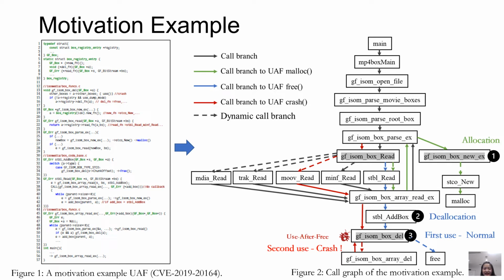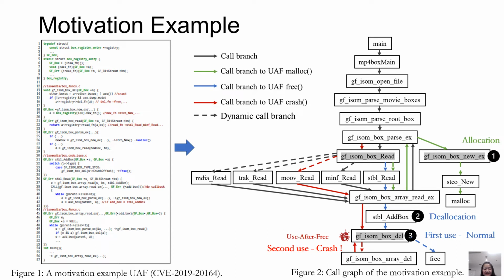Second, in the subsequent execution, function 2 is invoked and it calls function 3 to release the heap memory object. At last, the crash happens at the second use in function 3 when accessing the unsafely released heap memory object.